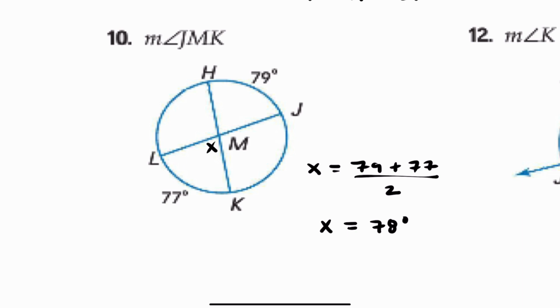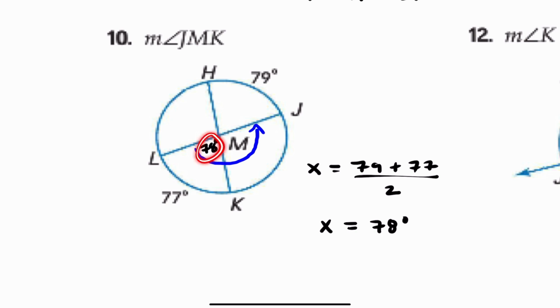And then you're not done, by the way. So we called that x, but we figured out that this angle here is 78 degrees. Now, I'm going to draw an arrow. That means that these angles here add up to 180 degrees. This is what we call a linear pair.